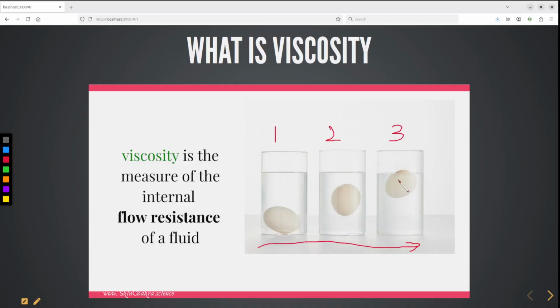Obviously the third one has a higher viscosity, so the resistance to flow is more, and this metal ball sinks slowly to the bottom of the container, whereas here where the viscosity is low, the resistance is low, and the metal ball moves very fast.